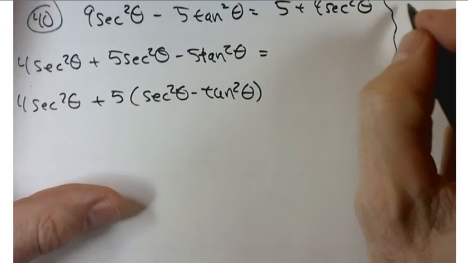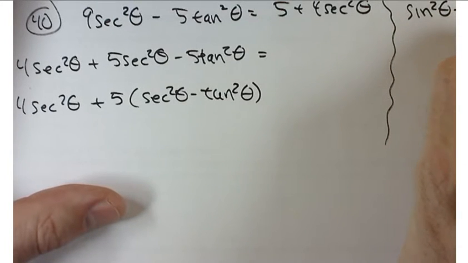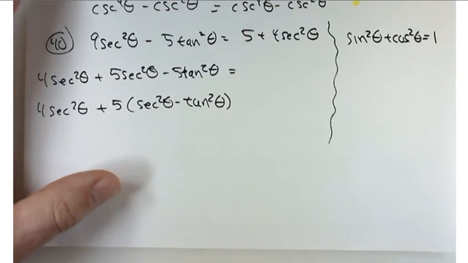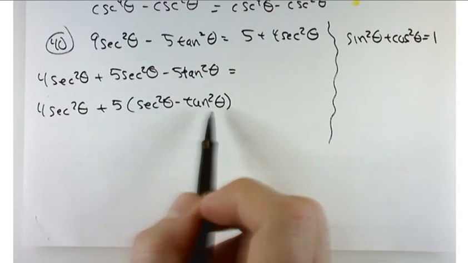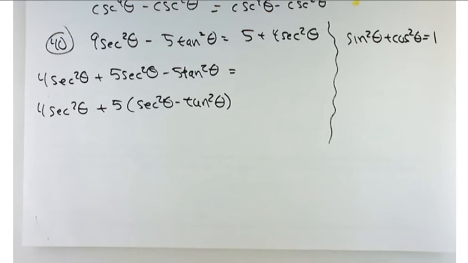Write out the Pythagorean theorem, sine squared of theta plus cosine squared of theta equals 1. And see if you can manipulate it so that you get an identity to use here. See what you can come up with. Isn't that 1? Sine squared theta minus tan squared theta. Figure it out.